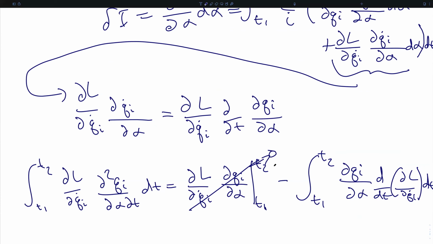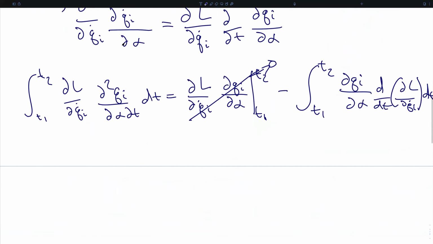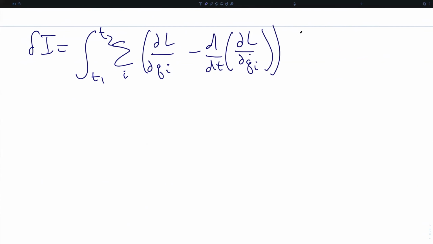And so if we go all the way back to our expression for the first variation in I, we now have that the variation in I is the integral from T1 to T2 of the summation of the partials of the Lagrangian with respect to each of our generalized coordinates minus the time derivative of the partial of the Lagrangian with respect to the time derivative of the generalized coordinates, times the partials dqi d alpha evaluated at 0, because that is our center point, and then all over d alpha dt.